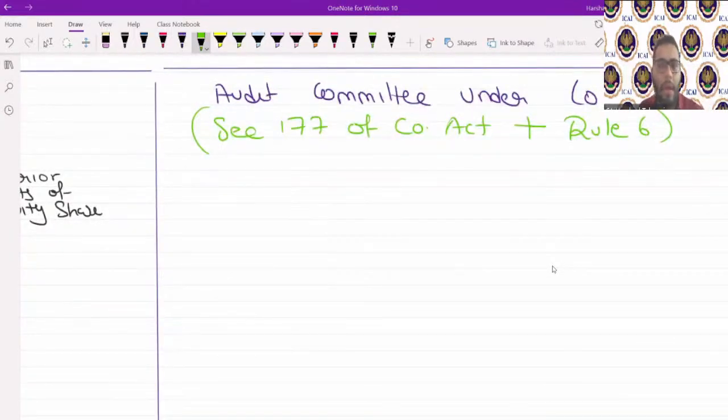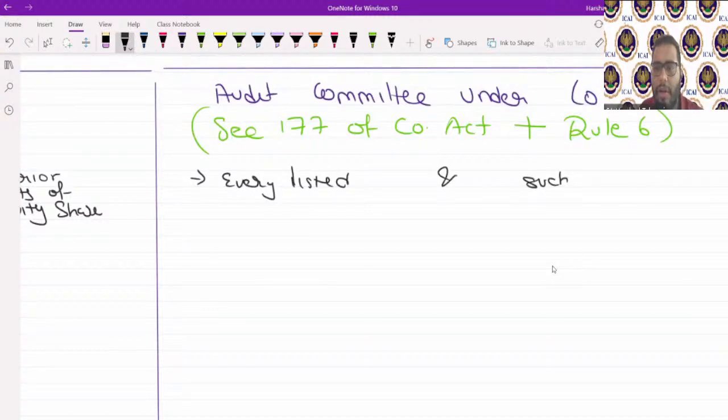I'll tell you why Rule 6. As per the Companies Act, every listed company and such classes of company are required to have an audit committee.